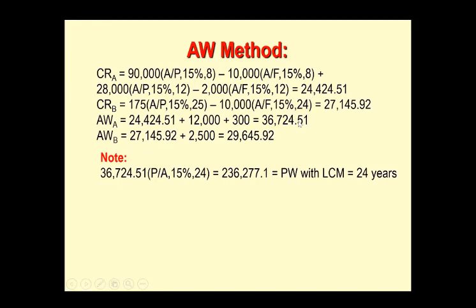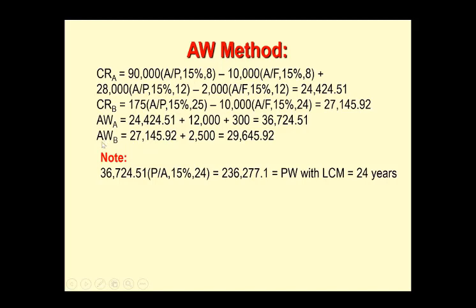That's the annual worth here. Now for plan B, here is the capital recovery plus the operating cost. We have the annual worth here, and we compare them and select.